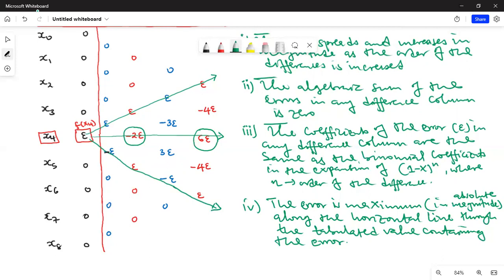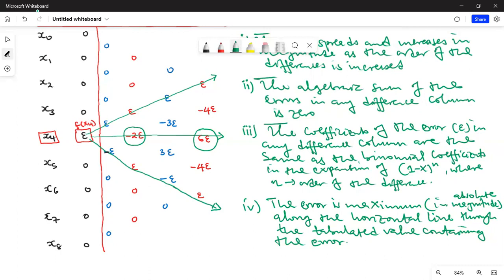If you look at any particular differencing, or simply any particular order, any particular column, you realize that the maximum value of that error will be along the middle line, that horizontal line.